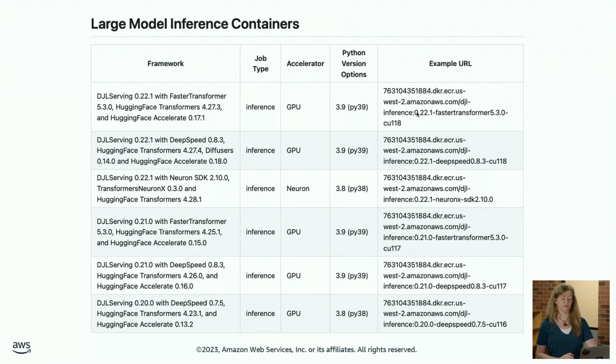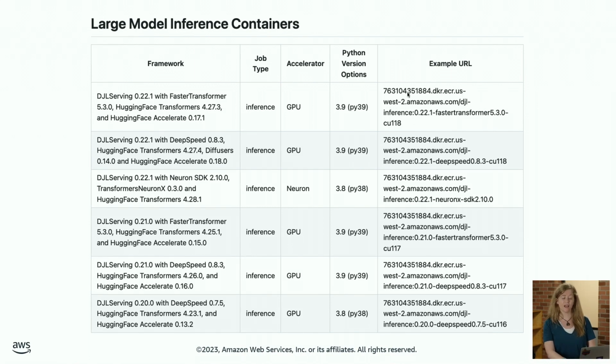example URL. And so when you're working with the deep learning containers, you can copy this URL. Actually, this URL is global, and so everyone is going to use this same address for the ECR image. So you're just going to literally copy this and then update it based on the region that you're in.